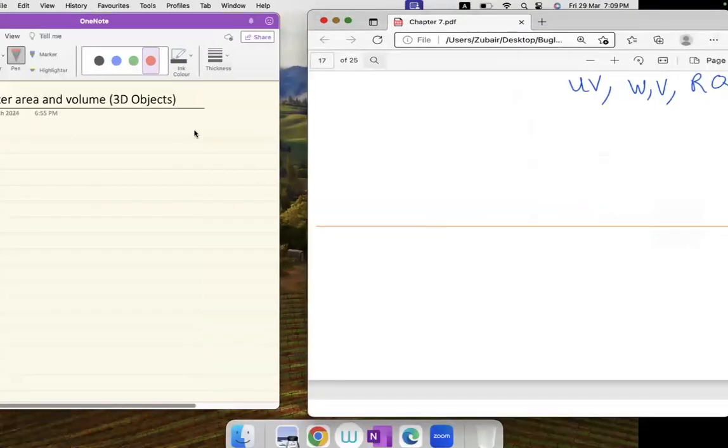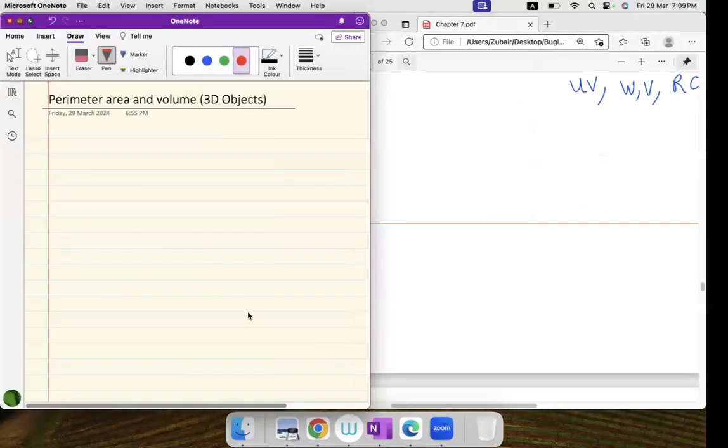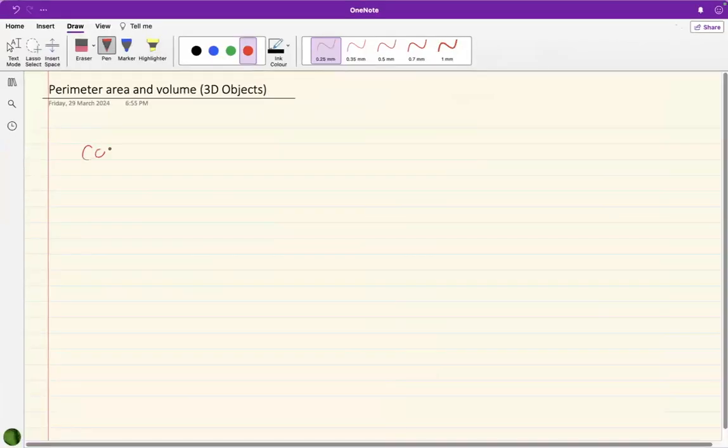Do you understand the difference between corners, edges, sides?